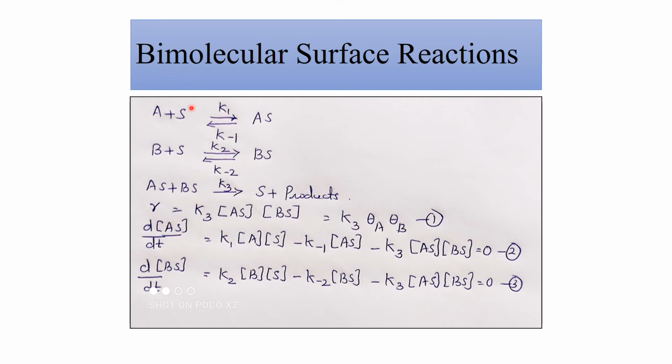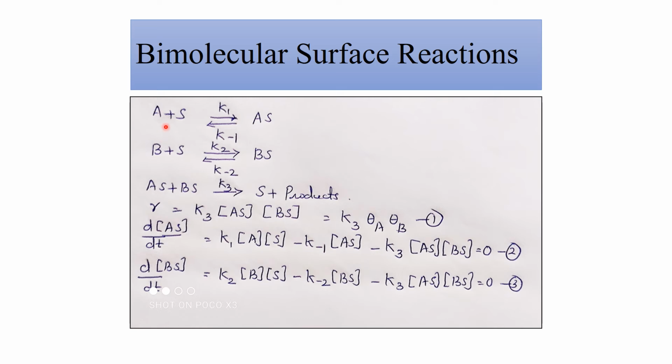Bimolecular surface reactions. A bimolecular surface reaction may involve a reaction between two molecules A and B on a surface. The Langmuir-Hinshelwood mechanism assumes that the two molecules are adsorbed on neighboring sites on the surface of the catalyst.